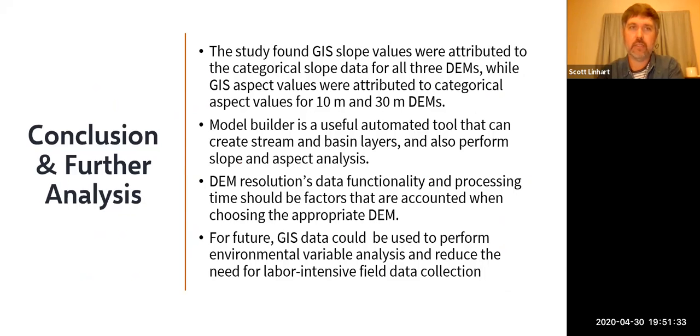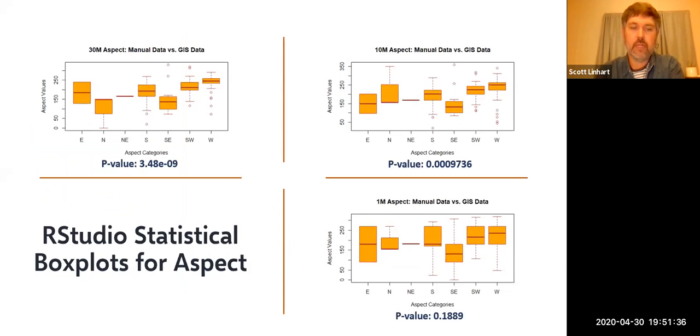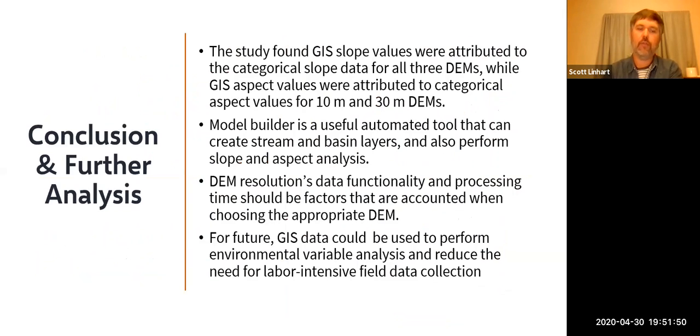Overall, the 10-meter and 30-meter DEMs showed significant variations with p-values less than 0.05 between each categorical group, while the 1-meter DEM showed no variance whatsoever. So in conclusion, we wanted to see if slope and aspect values created by using GIS analytical tools were comparable to the environmental attributes collected in the field.